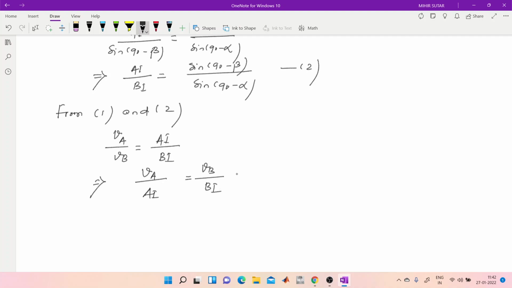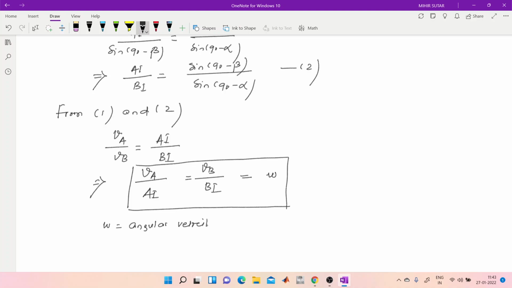This way also we can express. Now what is this? It is the angular velocity of the rigid link, that is equal to omega. This you might be knowing in your plus 2. Let's say this is equation 3.